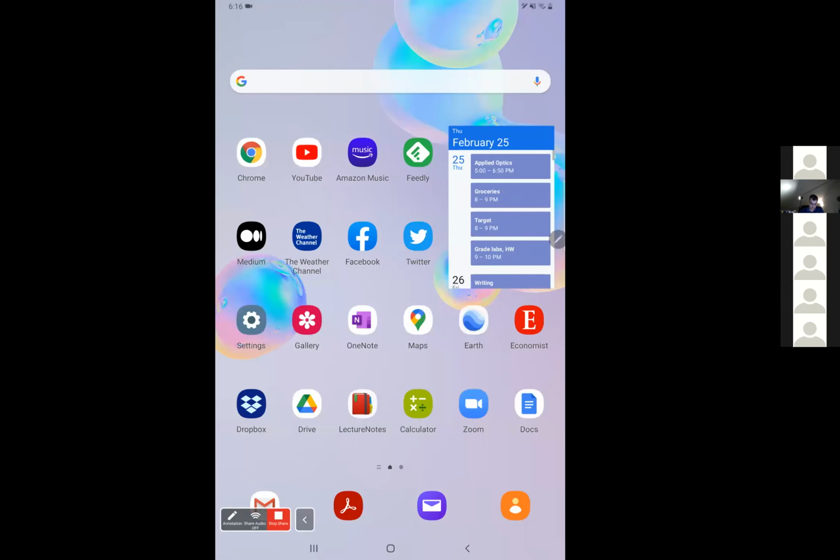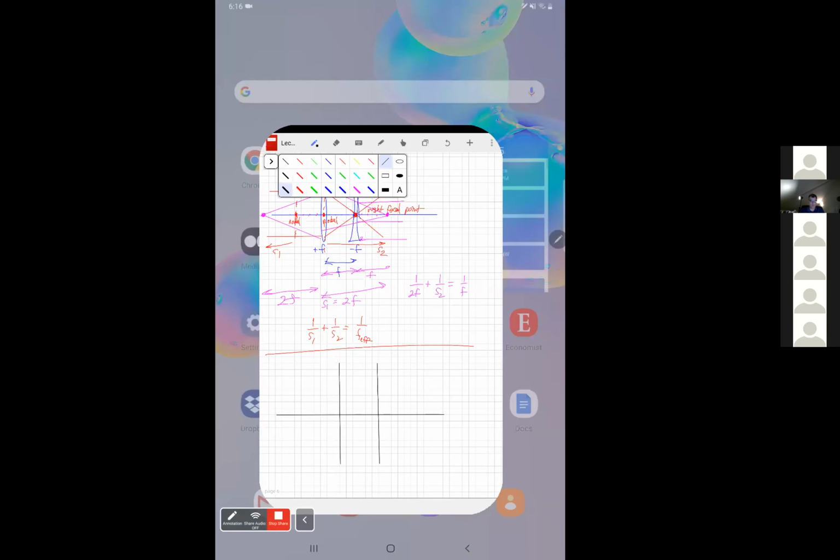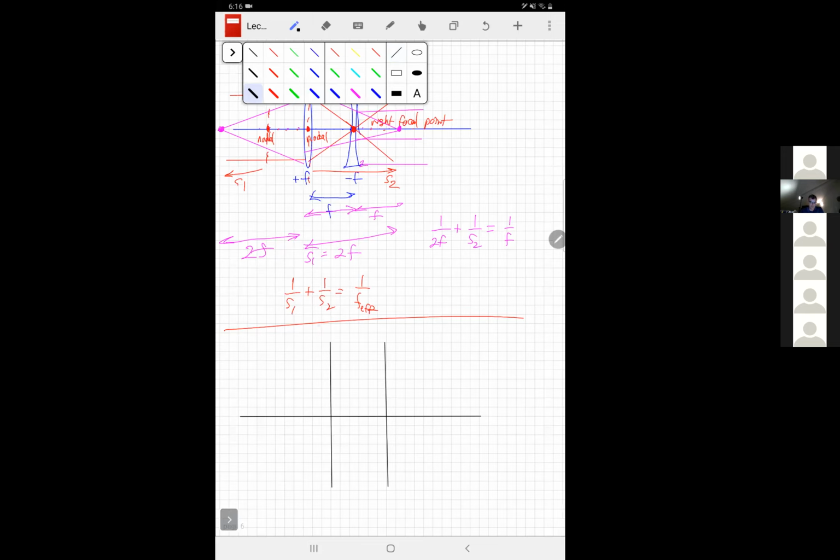Professor, you're not sharing your screen. Oh, okay. Thank you. All right, so we've got a nodal plane. We've got a right nodal plane.